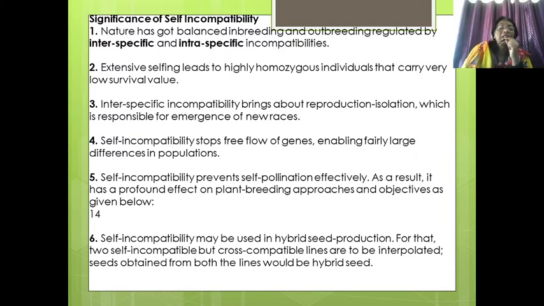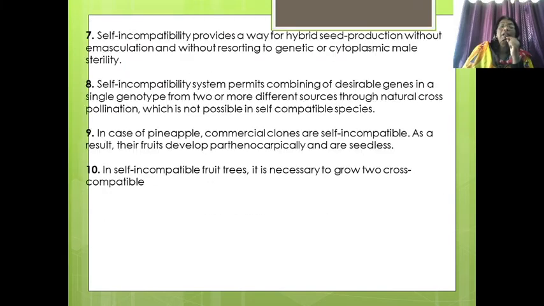The next one is that self-incompatibility may be used in hybrid seed production. For that, two self-incompatible but cross-compatible lines are to be interplanted. Seeds obtained from both the lines would be hybrid seed.